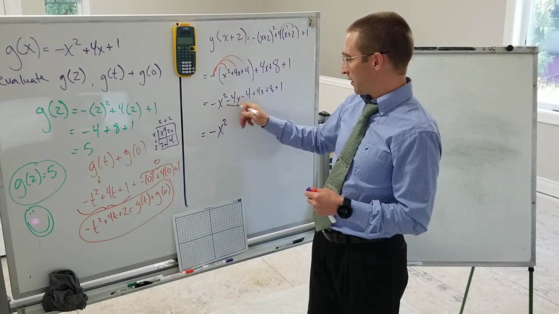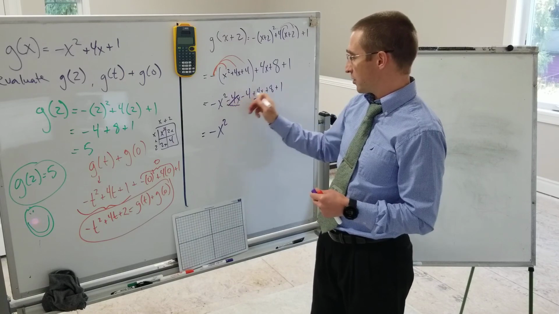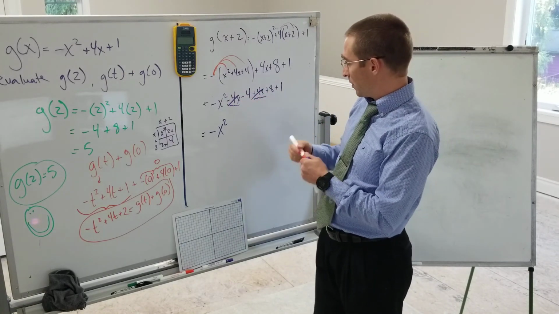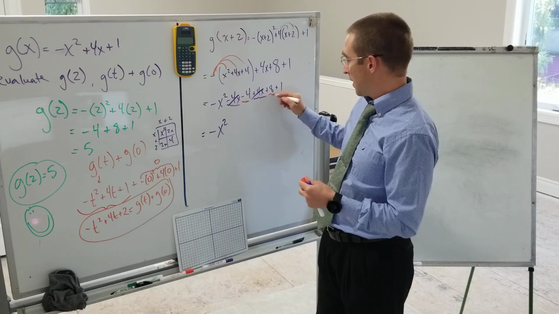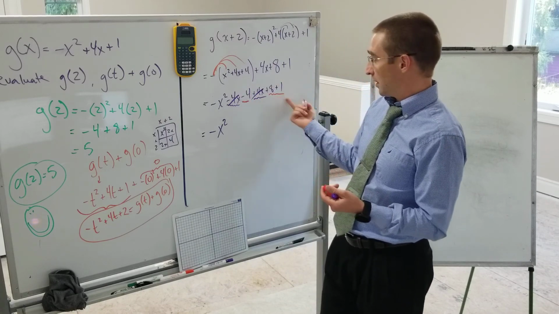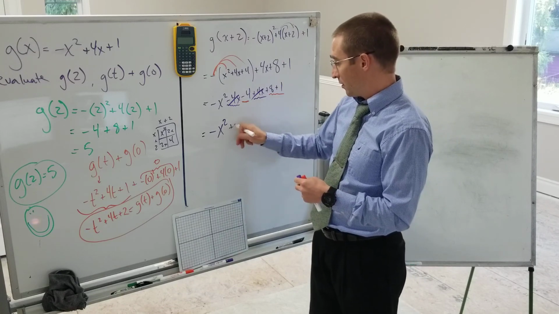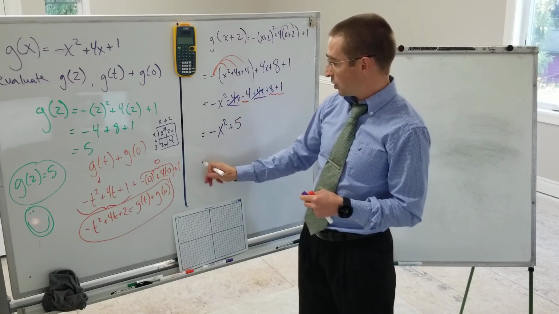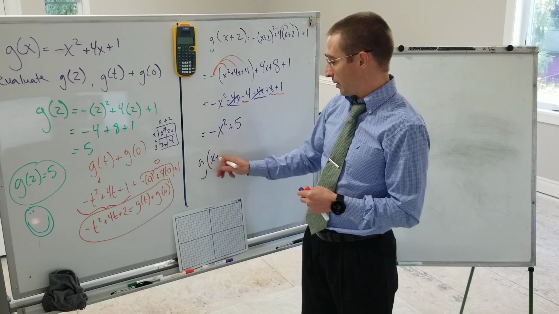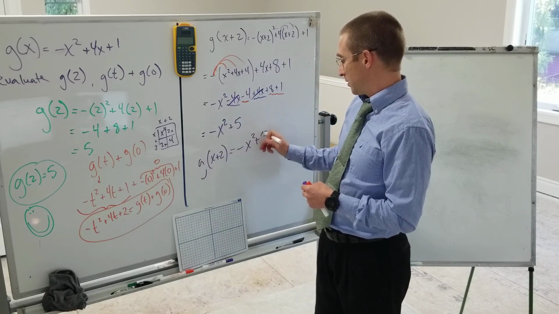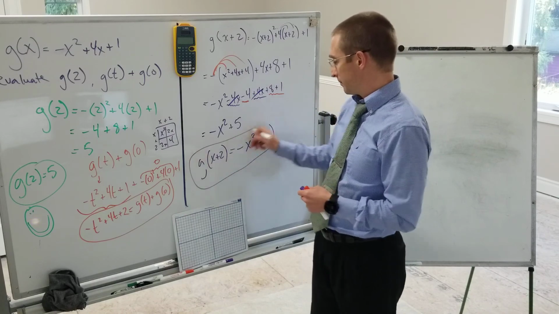We've got a negative 4x and a positive 4x. Those are just going to cancel out to 0. And then here I've got a negative 4. And then the 8 plus 1, that's 9 minus 4 again, so it's a plus 5. So boom, g of x plus 2 is negative x squared plus 5.